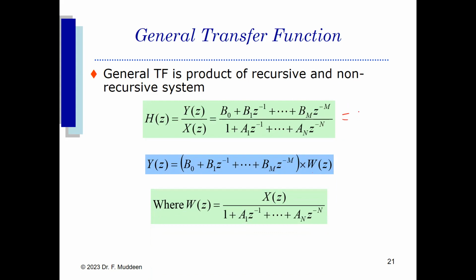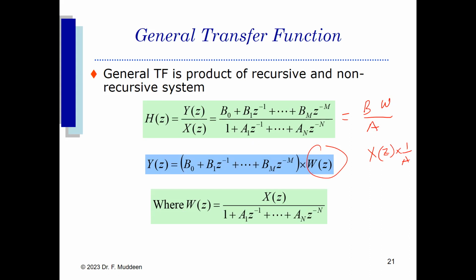In other words, I just said that this was B times W over A. Yeah? Where W is X(z) times 1 over A. Make sense? Everybody following?